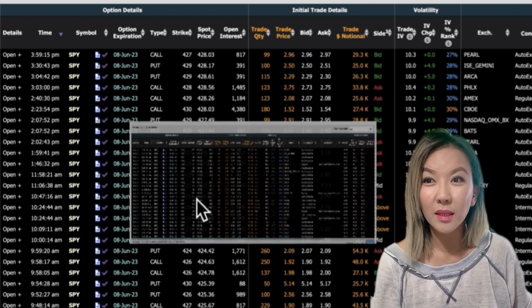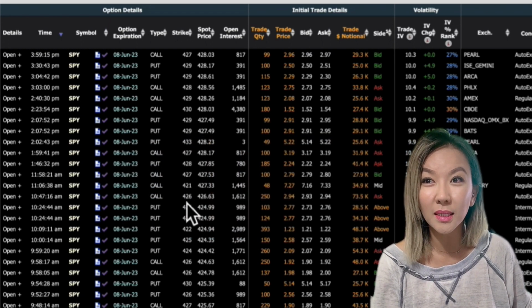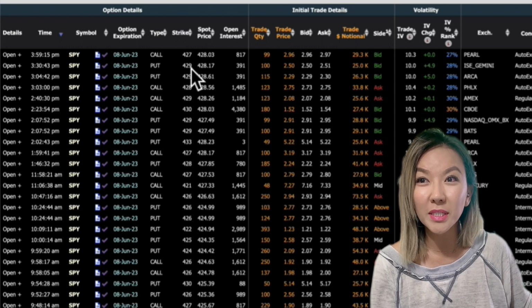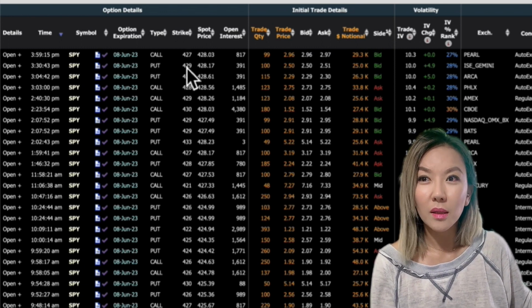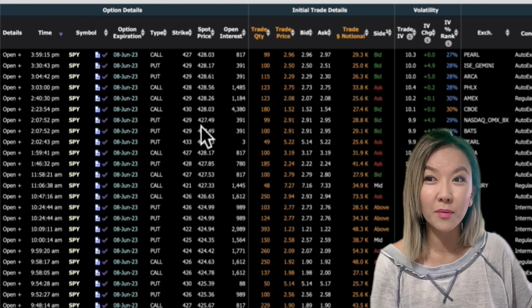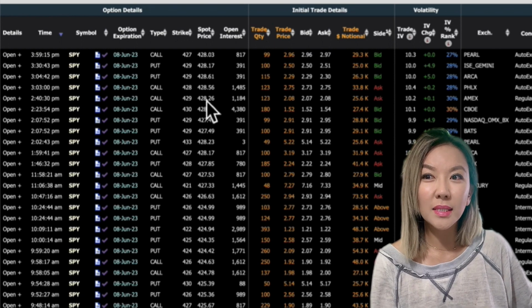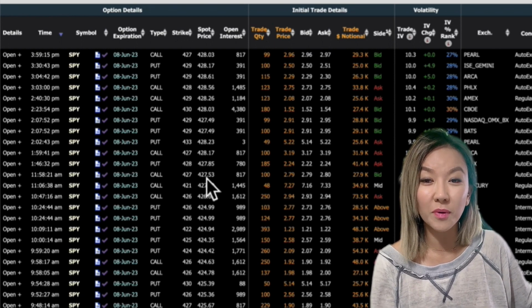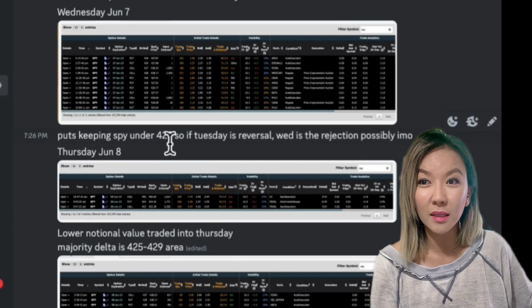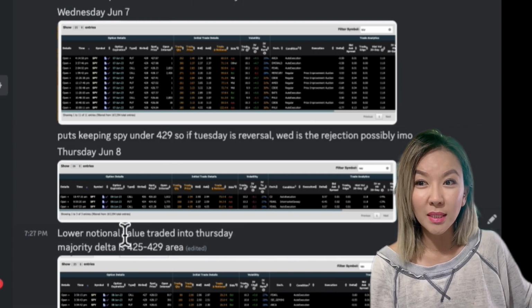Look at this one. The calls at 426, but they're still pressing it down under 429. So now the range is higher, but with lower calls. So I'm saying it's going to go down low from the rejection from 429 here.